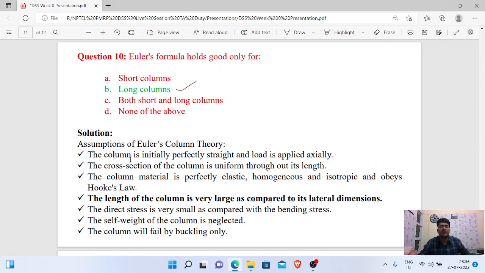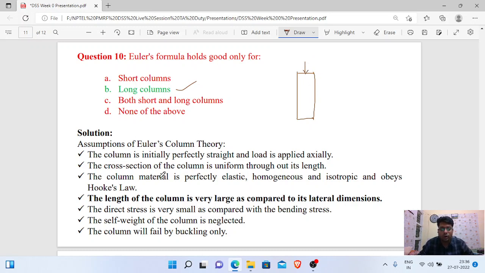First assumption: the column is initially perfectly straight and load is applied axially. So the column should be perfectly straight and load is applied. Here in the drawing there is some error, so assume that this is a straight line, load is applied axially and this column is straight.